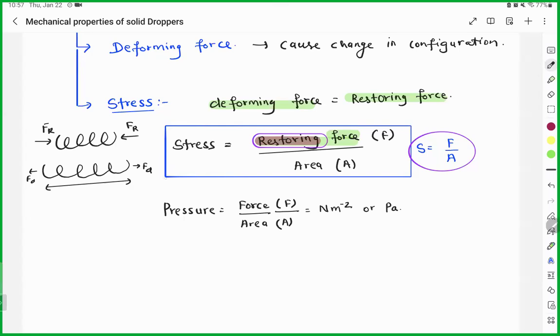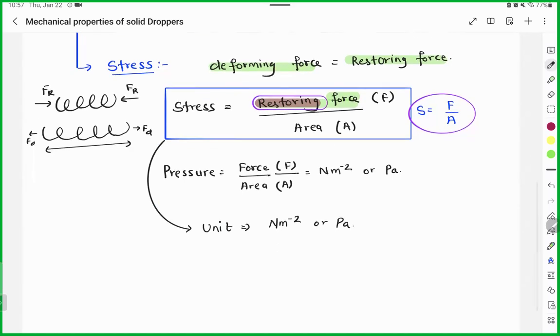Stress is also the same thing. Anvita, what will be the unit of stress? Newton per meter square or Pascal because overall everything is the same. Any doubt, Anvita? No, sir.